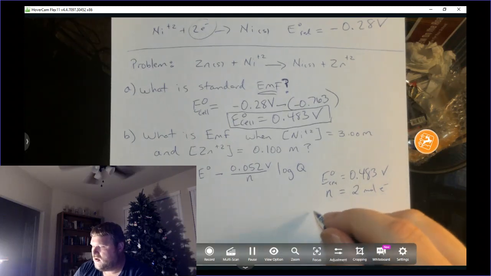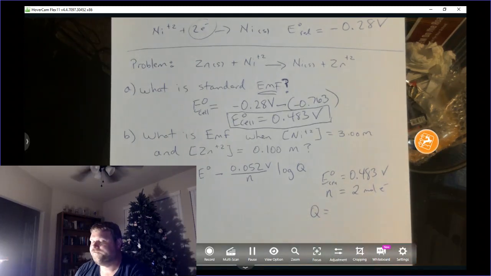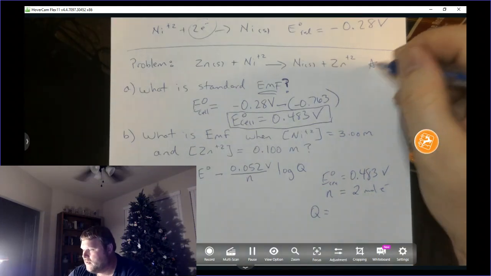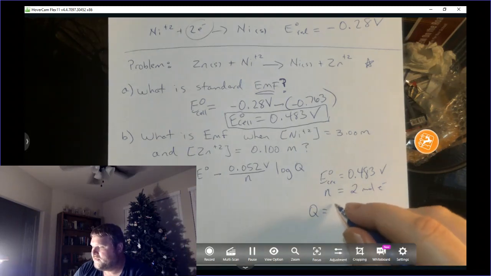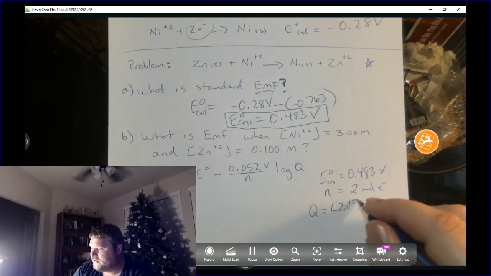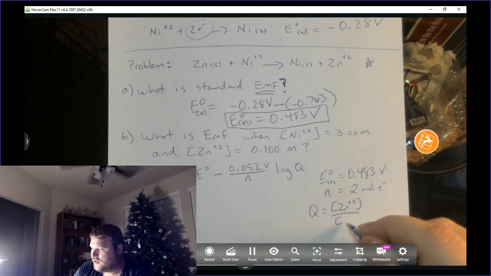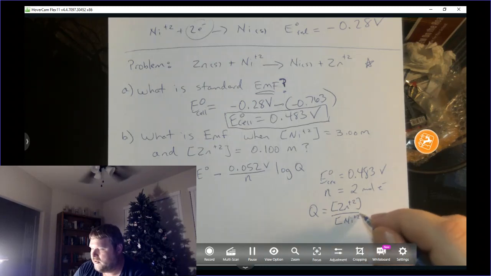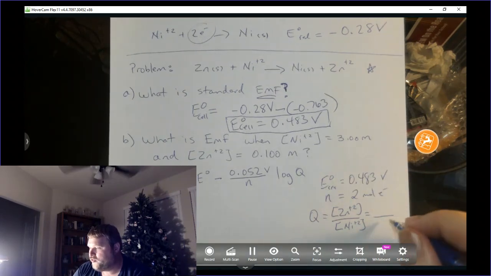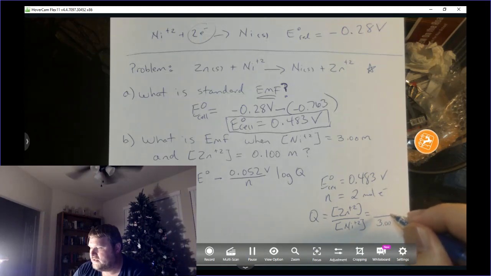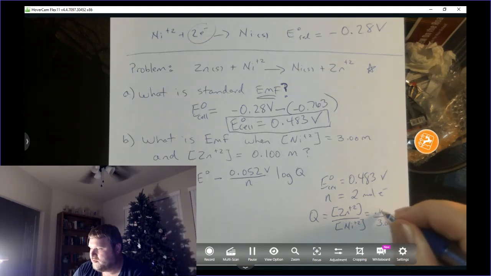And then we need to find Q. Looking at our equation right here, the equilibrium expression for this reaction will be the concentration of zinc over the concentration of nickel. We do not put those solids in here. Don't do it. And so subbing in the numbers that we have, nickel concentration is 3 molar and the zinc concentration is 0.1 molar.